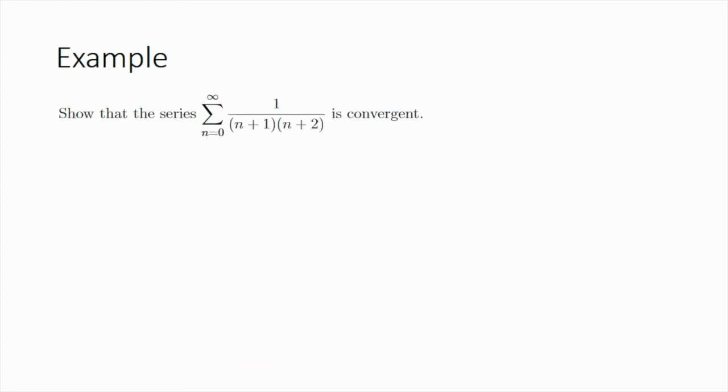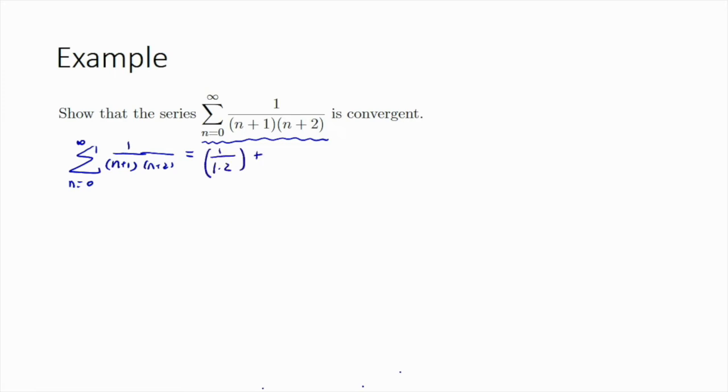In this example, we are going to work out whether this series here converges or diverges. Let's begin by listing a few terms in the series so we have a better idea of what the series looks like. So when n is equal to 0, you have 1 over 1 times 2.